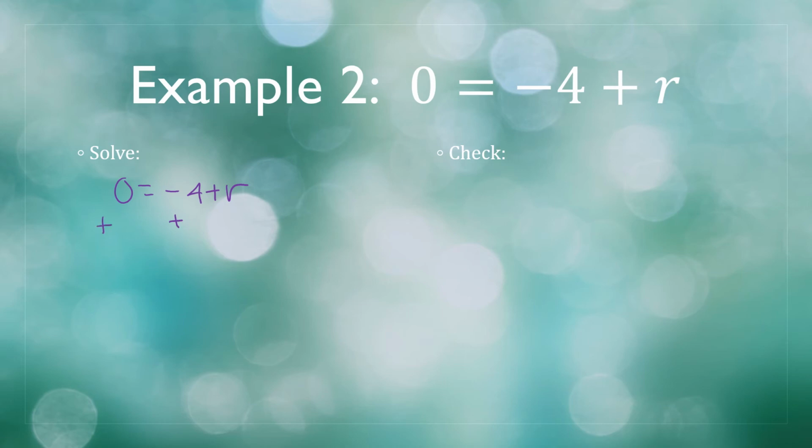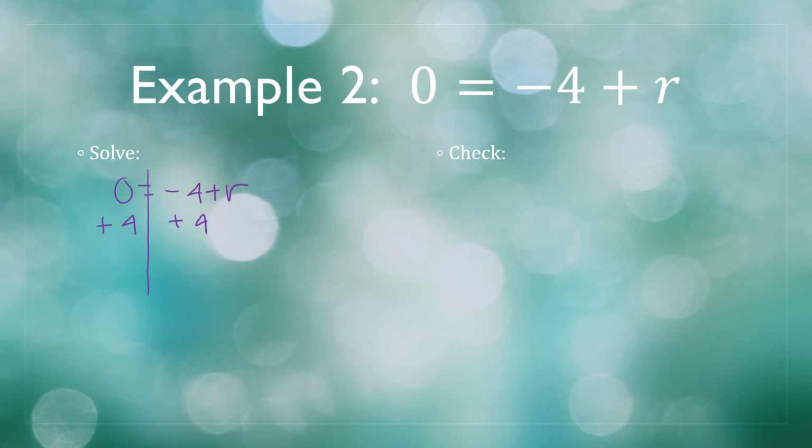So in this case, we want to add the same number, 4, to both sides. A negative 4 and a positive 4, when you add those together, are going to cancel each other out. If you need to, you can go ahead and draw a line to separate the left-hand side from the right-hand side. We can then simplify both sides.